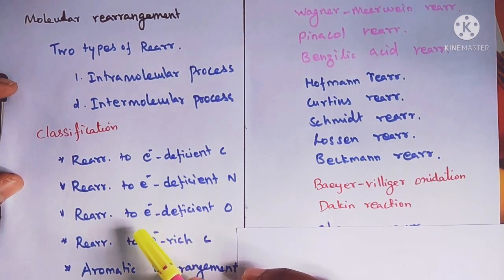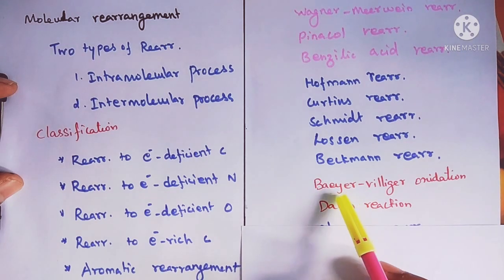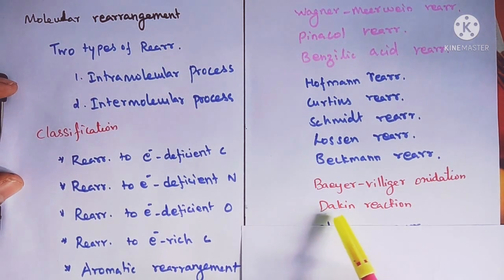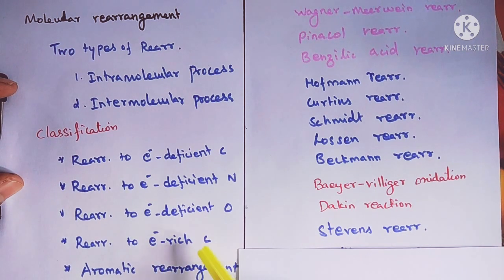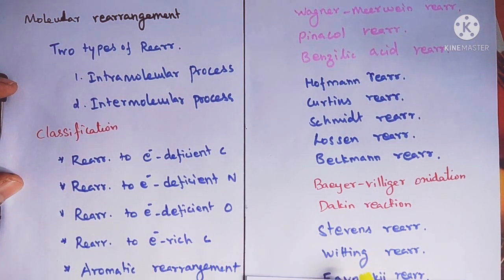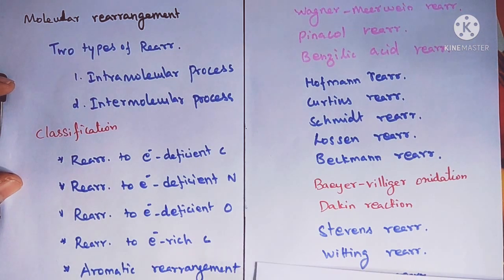Another one is rearrangement to electron deficient oxygen, where we discuss Baeyer-Villiger oxidation and Dakin reaction. Another one is rearrangement to electron rich carbon. There are 3 methods: Stevens rearrangement, Wittig rearrangement, and Favorskii rearrangement. And also we are going to discuss aromatic rearrangements.